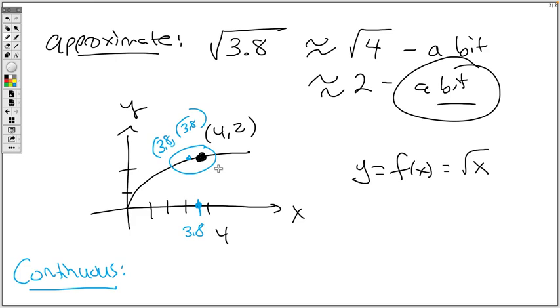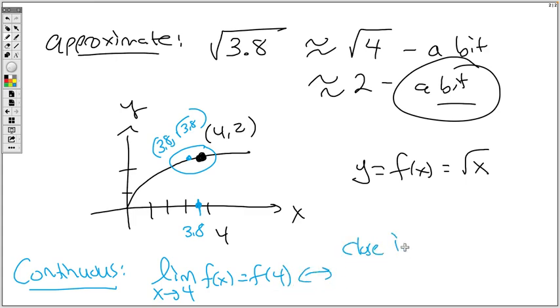But another way to think about continuity is that continuous means close inputs yield close outputs. So it's really the property of continuity that's having us do this estimation in the first place. You follow? But there's another property of this curve called differentiability that's going to help us approximate that little bit that we're off. Okay?